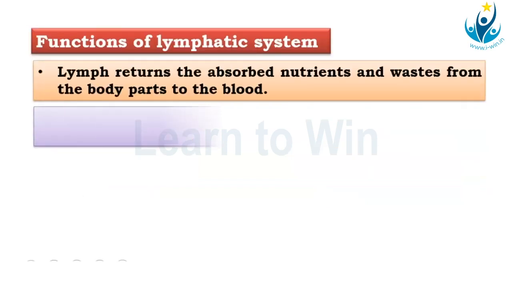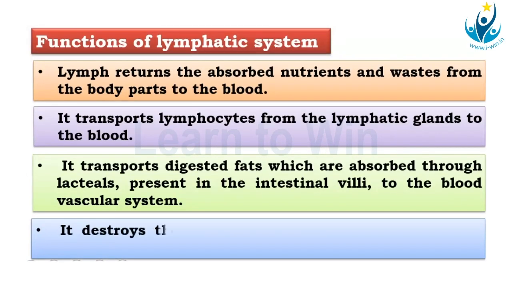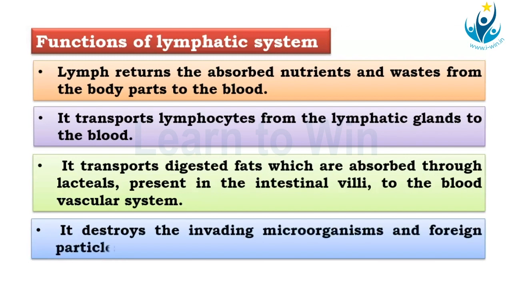Now, the main functions of the lymphatic system: it returns the absorbed nutrients and waste from the body parts to the blood. Whatever nutrients and waste have been collected from the body, lymph will return it back to the blood. Lymph also transports specific cells called lymphocytes from the lymphatic glands to the blood.